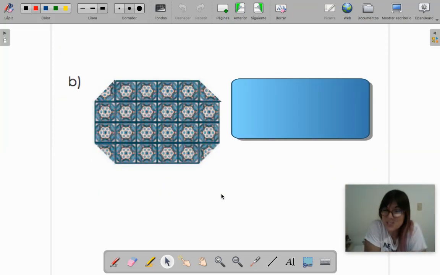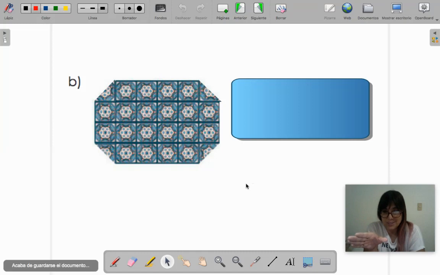Now it's your turn to practice. Look at this figure of the tiles, this one. Before I tell you the answer, I want to see who can think and get the answer. Tell me the area of this blue one. Count and tell me the area. Write it on your whiteboard or on a paper. This is your participation grade.